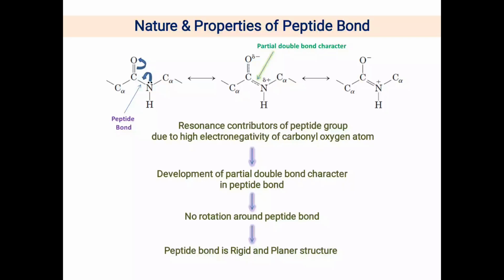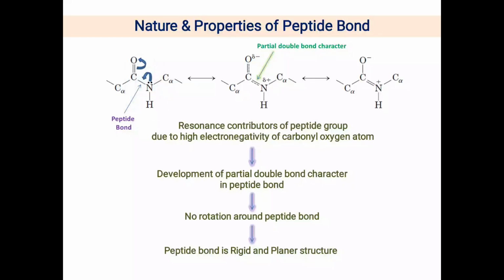The higher electronegativity of oxygen pulls the lone pair of electrons on the nitrogen towards it, attracting the lone pair from the nitrogen atom through the carbonyl carbon. So there is a sharing of the lone pair of electrons between the peptide nitrogen and the carbonyl oxygen through the carbonyl carbon.